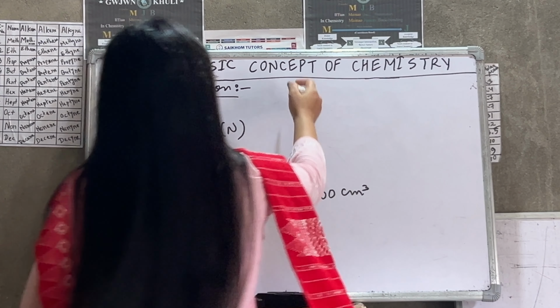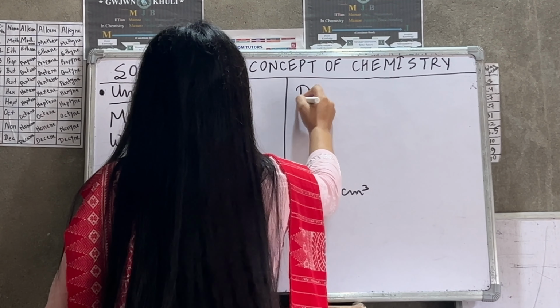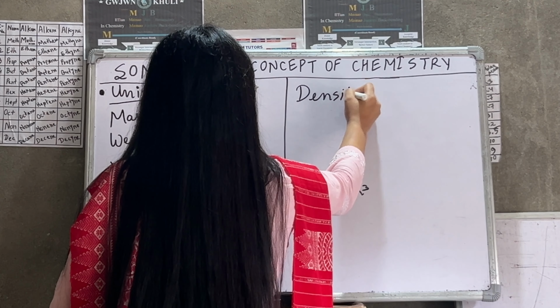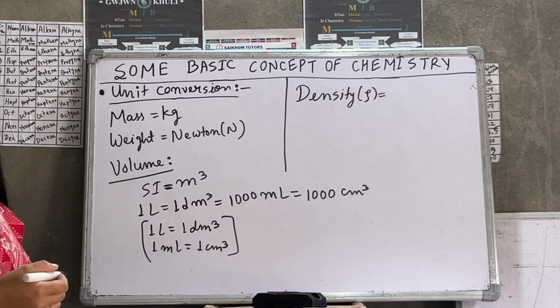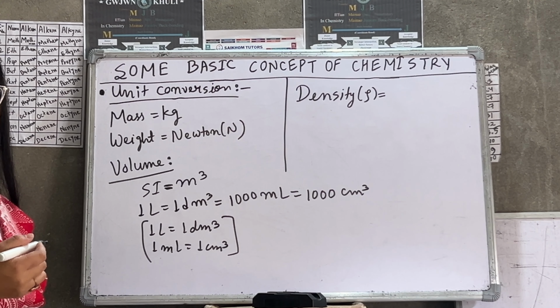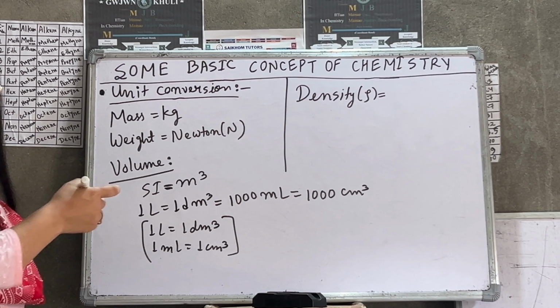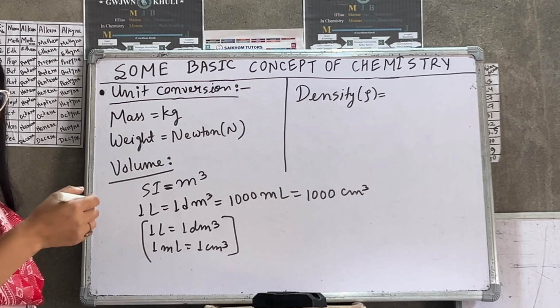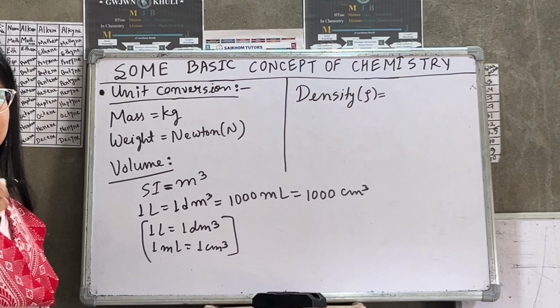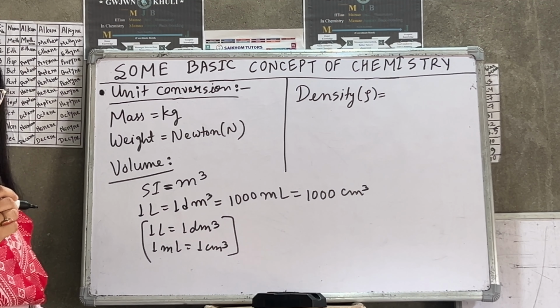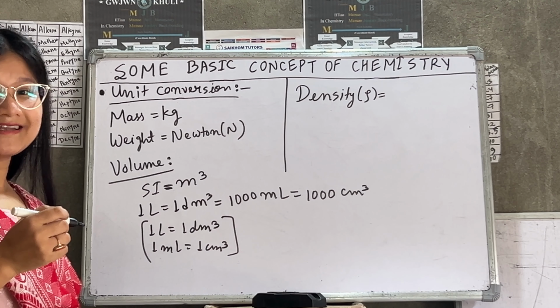Also, the density unit. So what is the density? Density is the mass per unit volume. Density is represented as rho, and the unit of density is what? Mass per unit volume. The SI unit of mass is kg, and the SI unit of volume is meter cube.